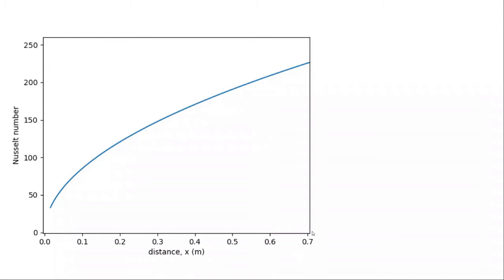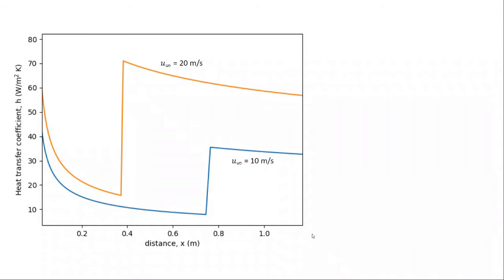But here we've only treated a distance up to 0.7 meters for this plate experiencing flow at 10 meters per second in air. And if we go to a significantly longer distance along the plate, we see a more complex behavior.